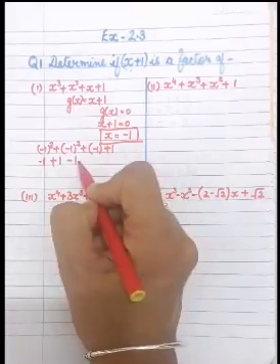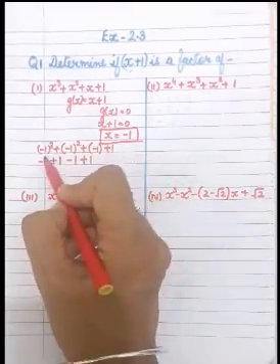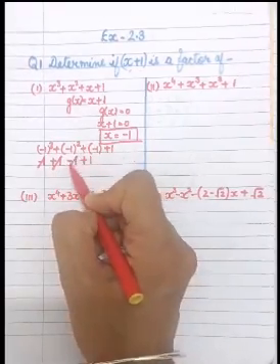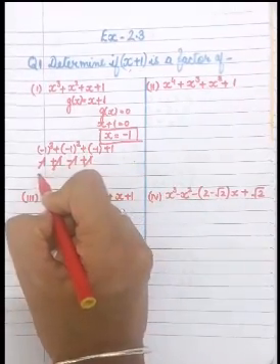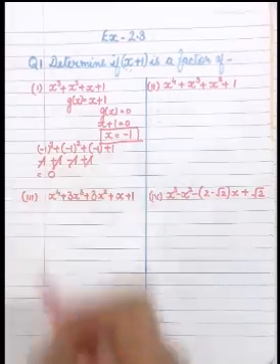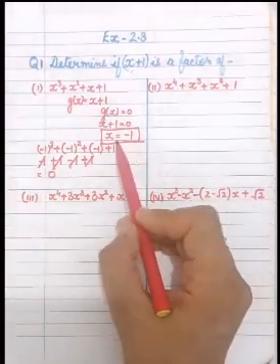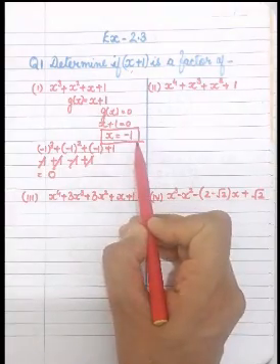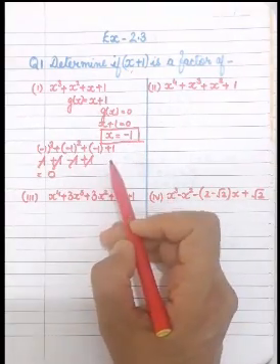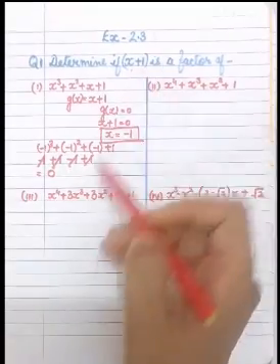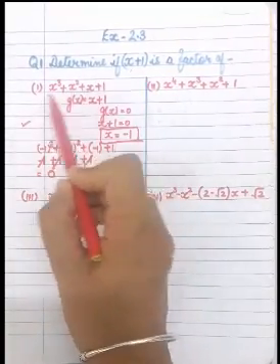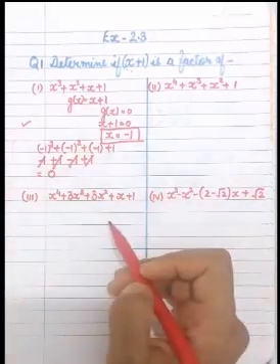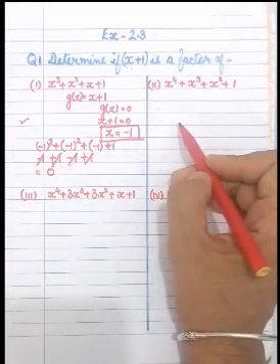This is minus 1 and this is positive 1. So this cancels with this and this cancels with this. You can see that we get 0. Putting the value x as minus 1, we are getting 0, so we can say that yes, x plus 1 is a factor of this polynomial, which we can take as p(x).